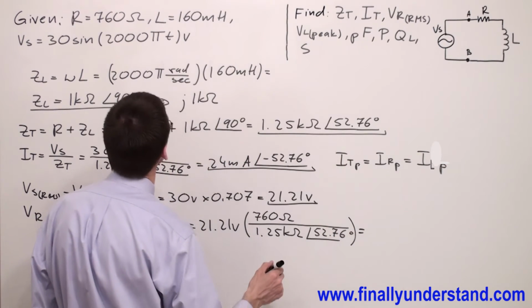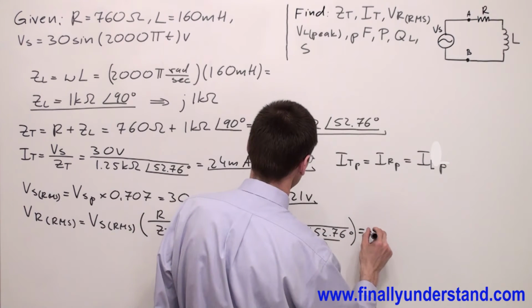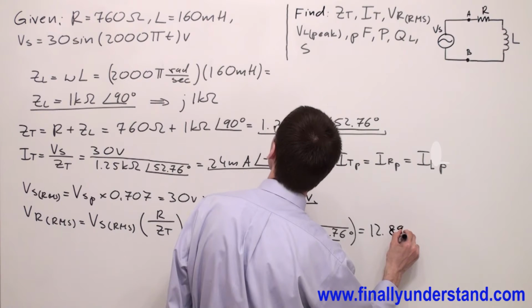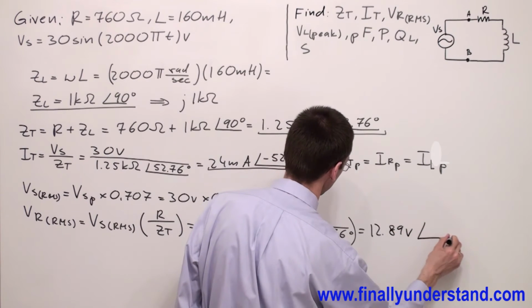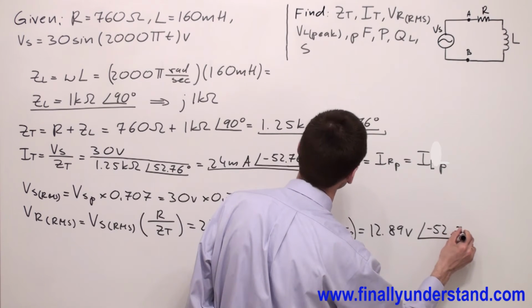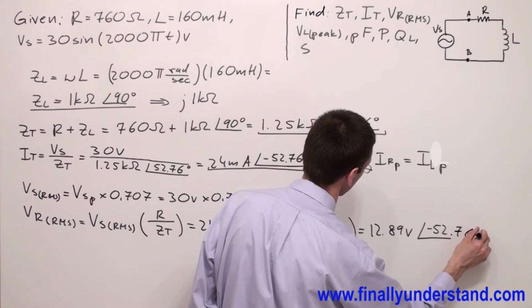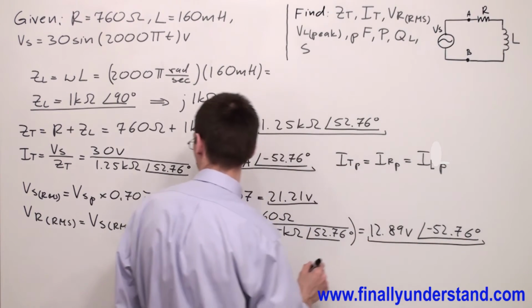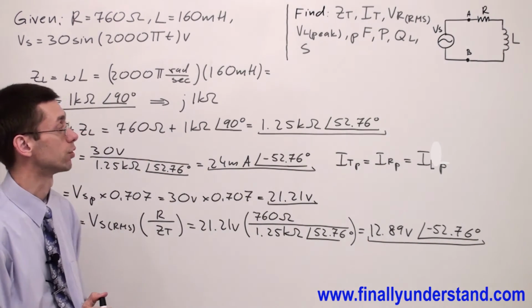This is equal to 12.89 volts and angle of negative 52.76 degrees. This is voltage RMS across the resistor.